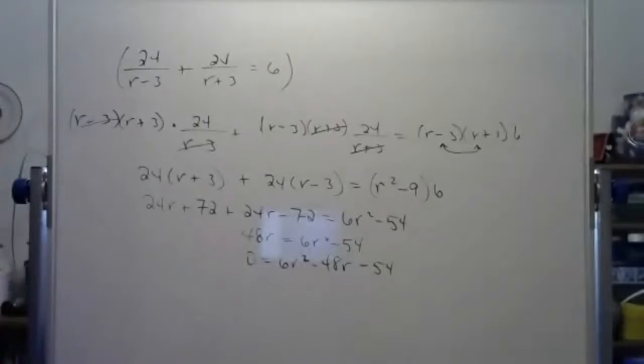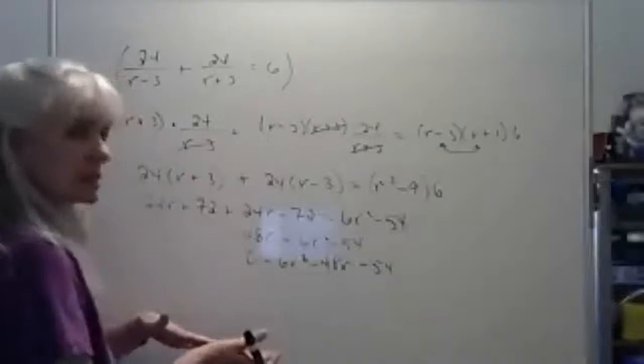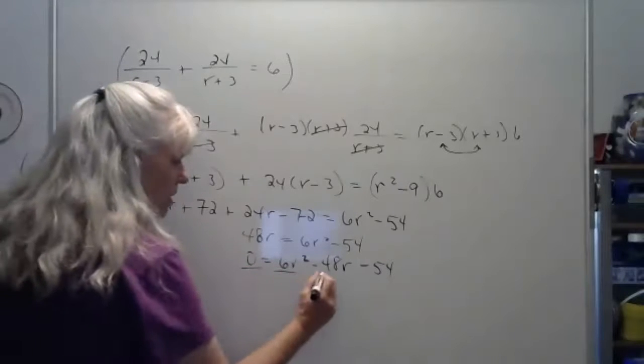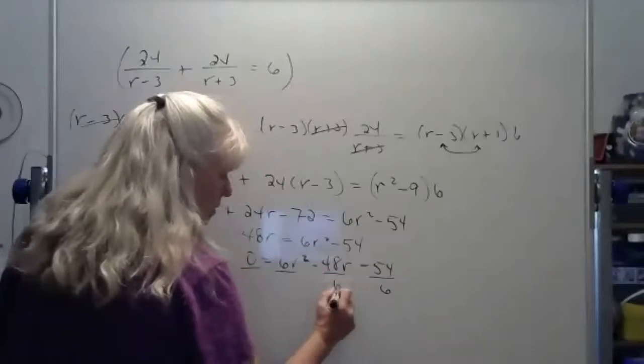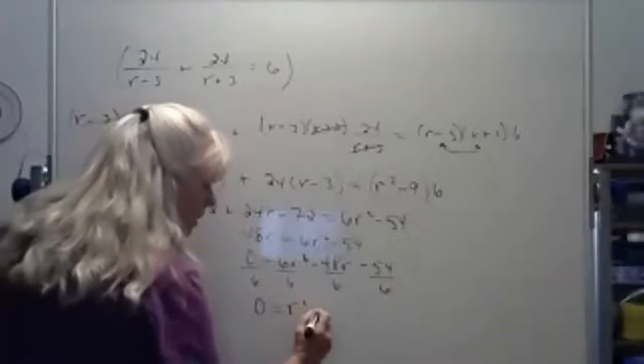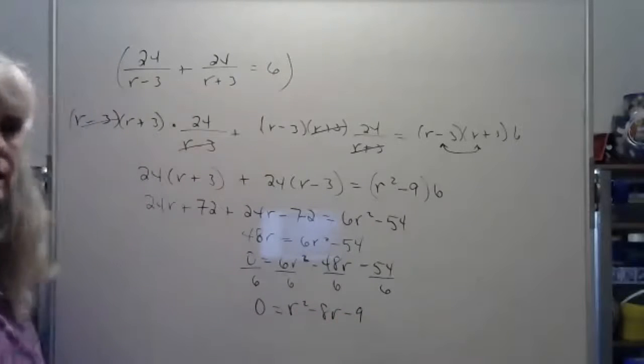Okay, now I don't know about you, but that looks really ugly. What I would do is divide everything by 6 in order to make it easier to factor. So that's going to give me 0 is equal to R squared minus 8R minus 9. And then it factors really easily.